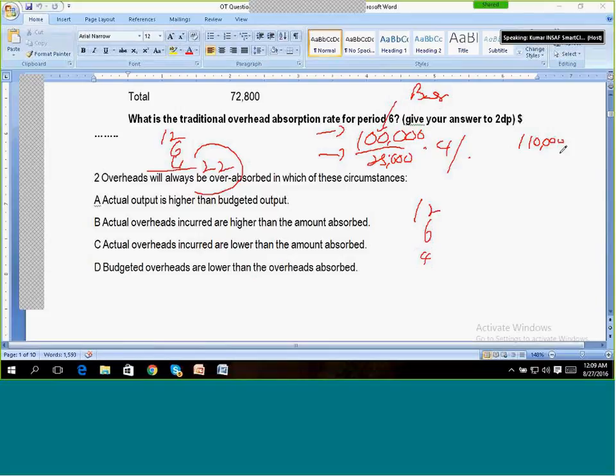So at the rate of 4, if you have really done the 25,000 budgeted hours for all your products, what you will absorb is 4 into 25,000. So if the right machine hours, the budgeted machine hours, take a predetermined overhead absorption rate, this is a predetermined overhead absorption rate, you will absorb into production 100,000.